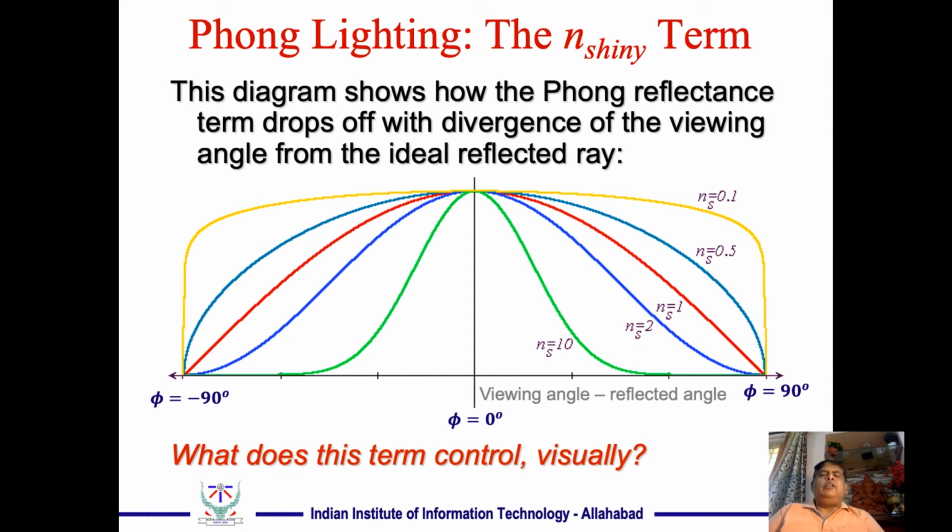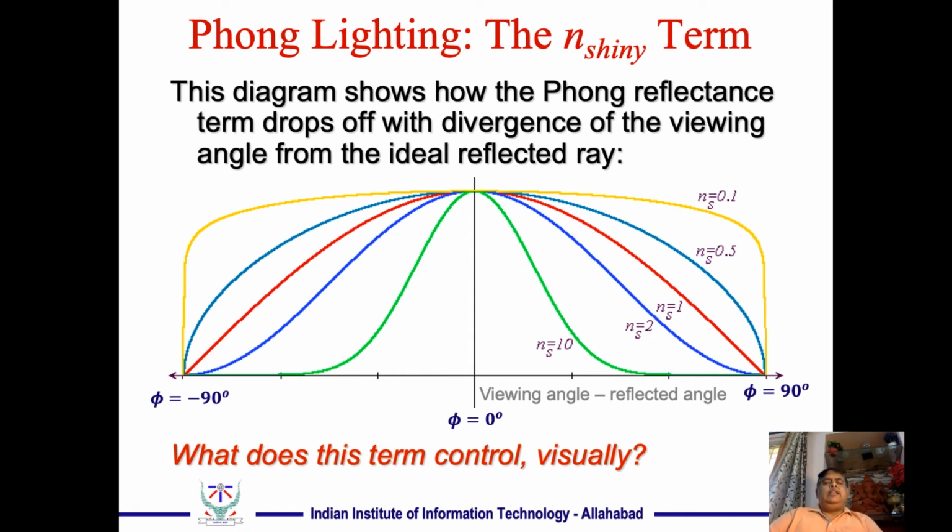If I plot this function of phi for different values of the Nshiny term, this diagram shows how the Phong reflectance term drops off with the divergence of the viewing angle from the ideal reflected ray.